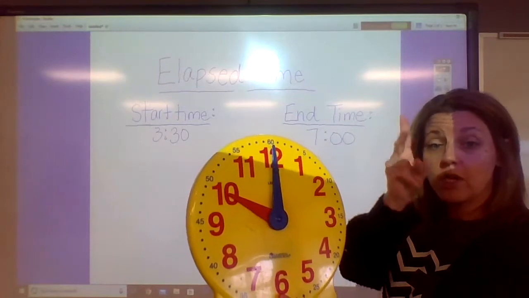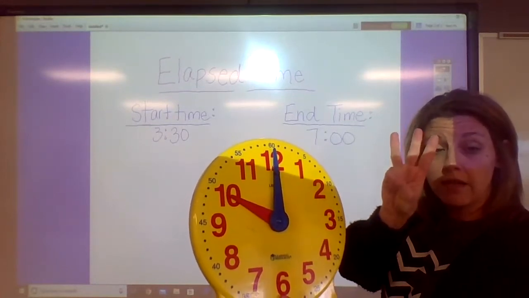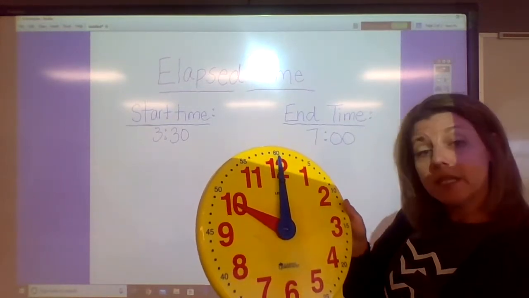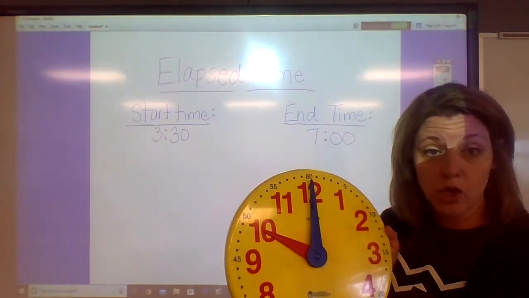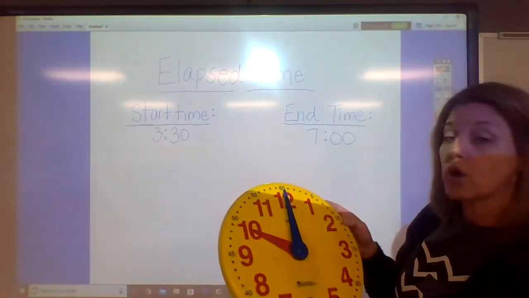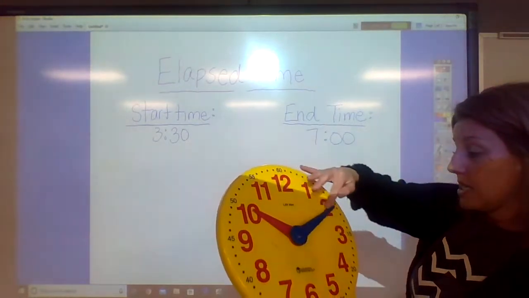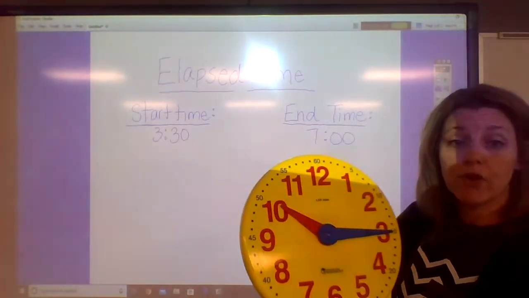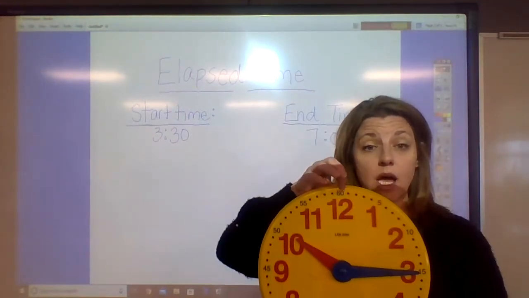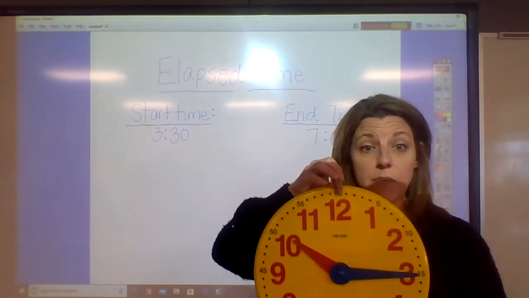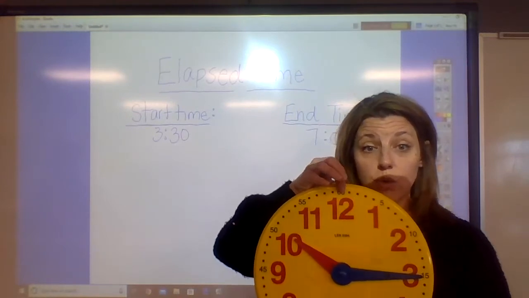It would be 11, 12, 1, and that would be exactly 3 hours. That's a simple one, and that one you might not need the strategy I'm getting ready to talk to you about. But what if you're starting with a minute hand on a different time versus an o'clock where it's straight up at the 12 o'clock hour?